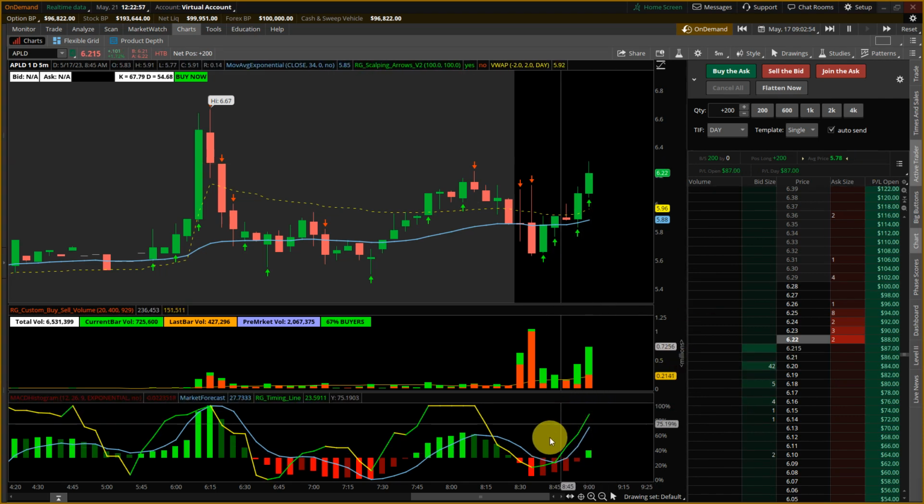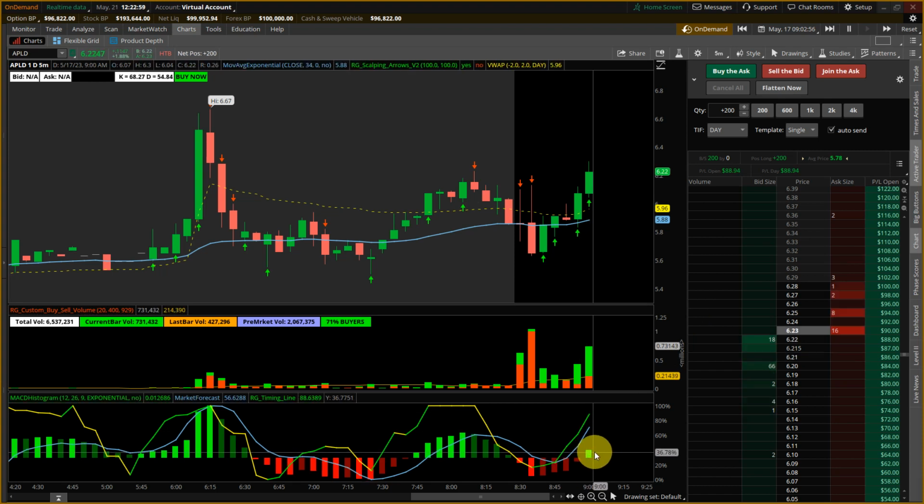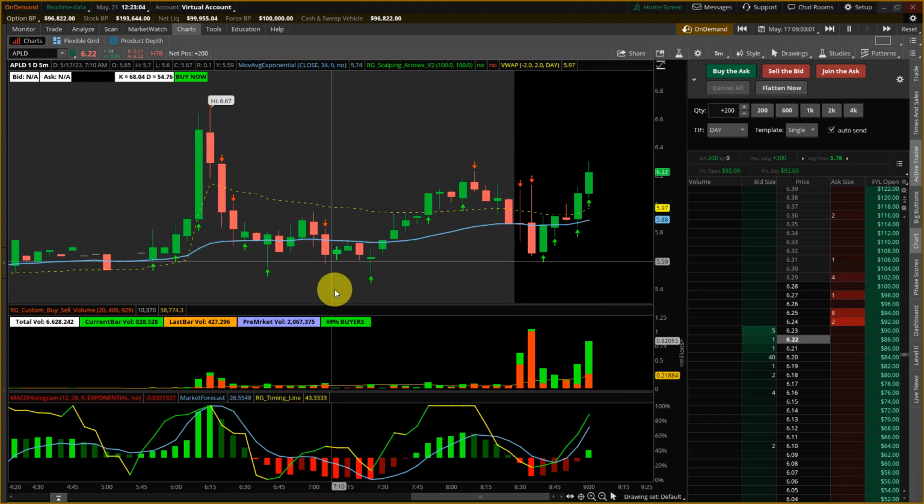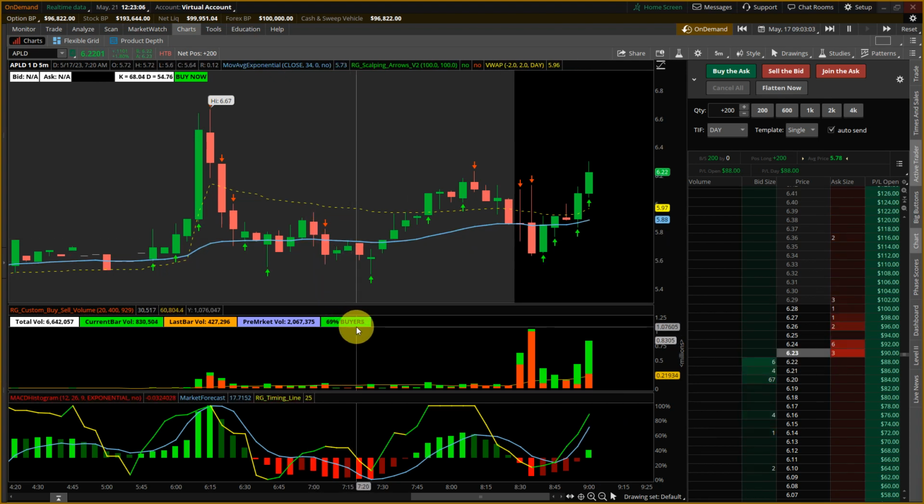Still looking good down here. The MACD has now turned green as well. Still have the buy indicator over here. We still have green buyers in the volume bar.